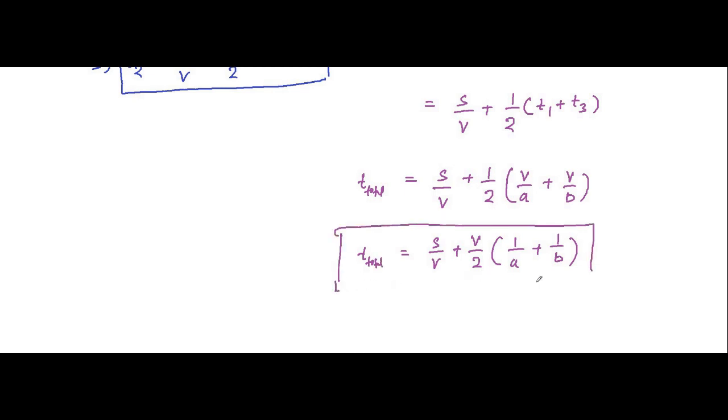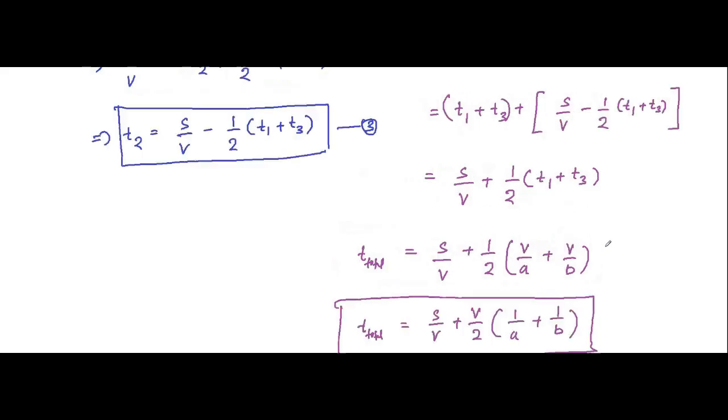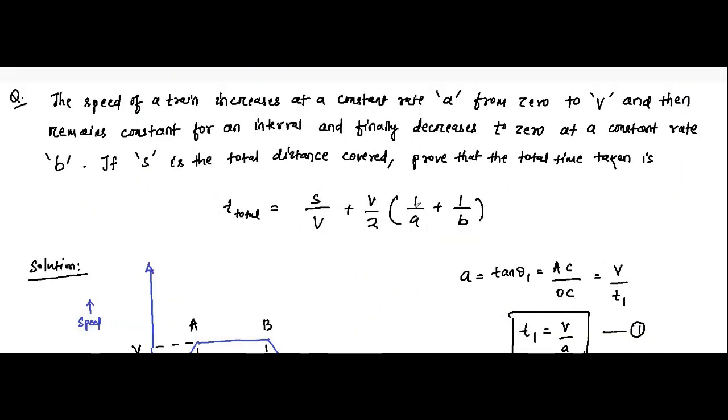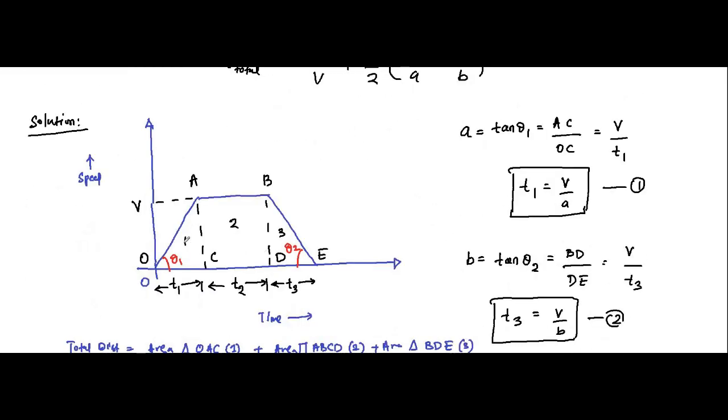Now if you see the final equation that has been asked, it is in terms of total distance, maximum velocity, and then acceleration and deceleration. Acceleration and deceleration only come into play in region 1 involving time duration T1 and region 3 involving time duration T3.